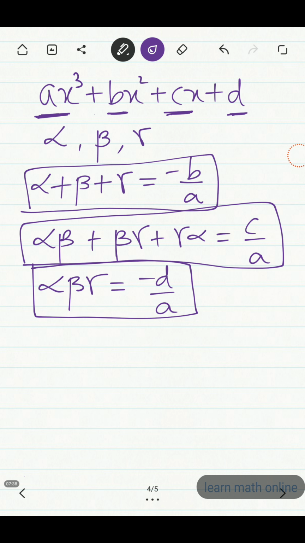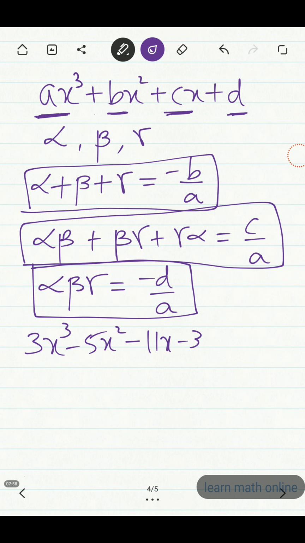Now we had this polynomial, isn't it? The polynomial was 3x cube minus 5x square minus 11x minus 3.